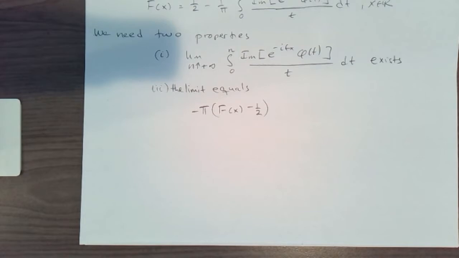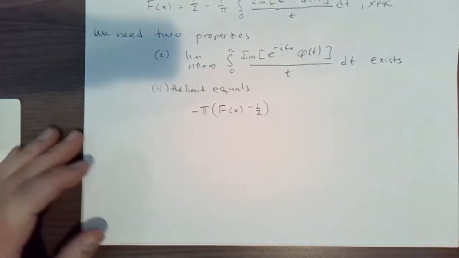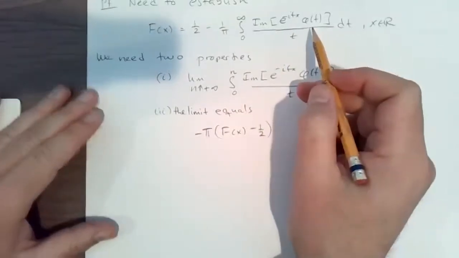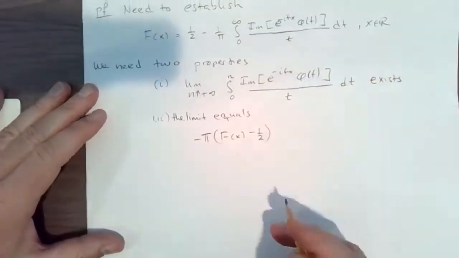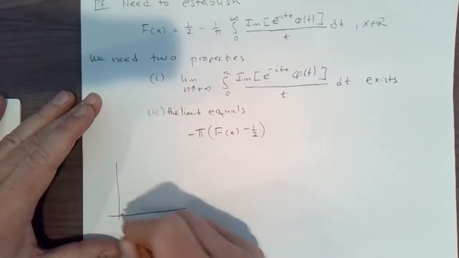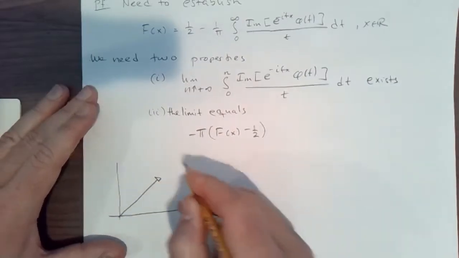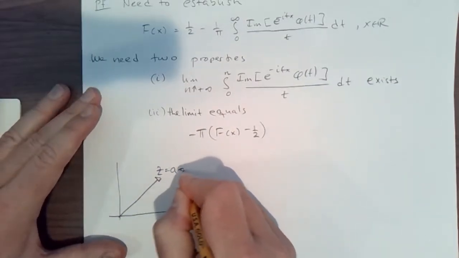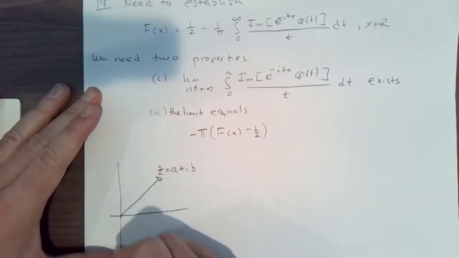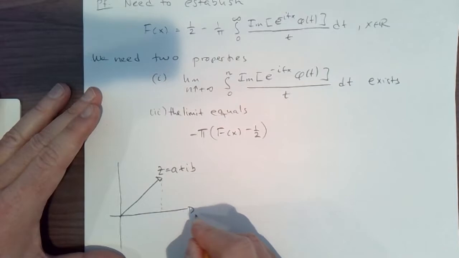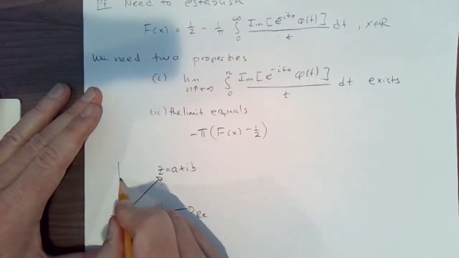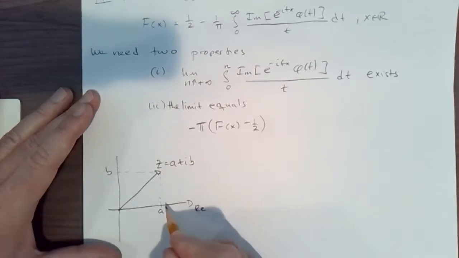Okay, so to do so, what do we need? We're going to start by rewriting this imaginary component up here. So let's just recall it. If I have a complex number z equal to a plus ib, this is the real part, this here is my a, and over here we have b.